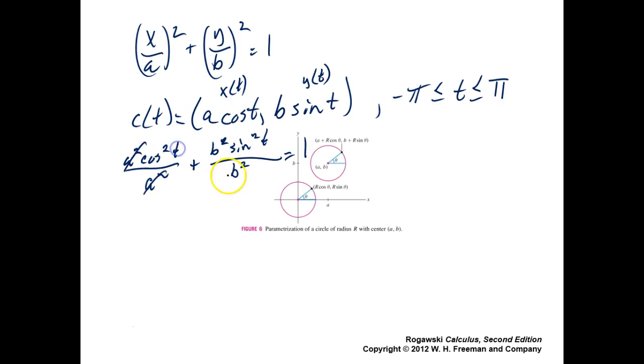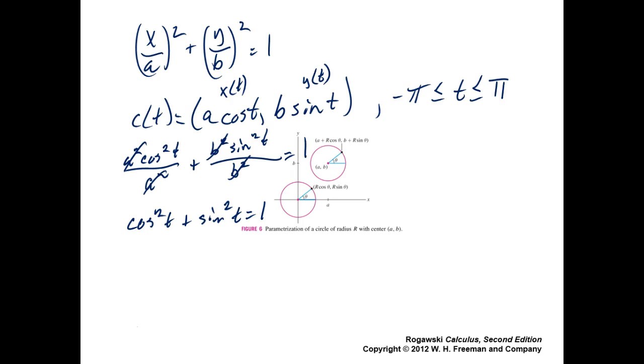The a squareds go out, the b squareds go out, and what do you have? Cosine squared t plus sine squared t is equal to 1, and that's always true. So you have now verified that indeed that gives you the equation of an ellipse.